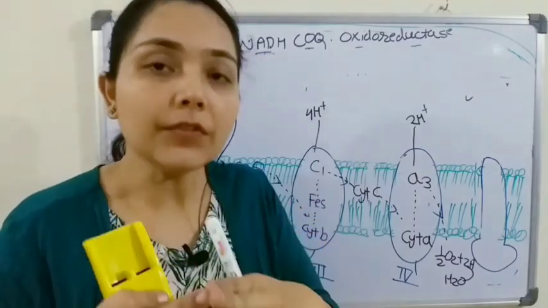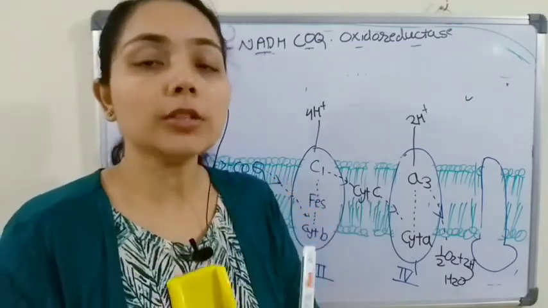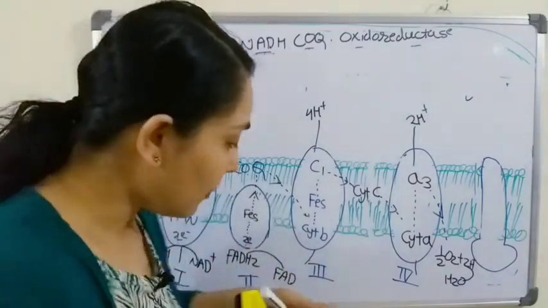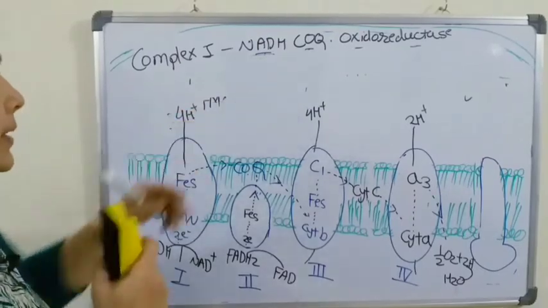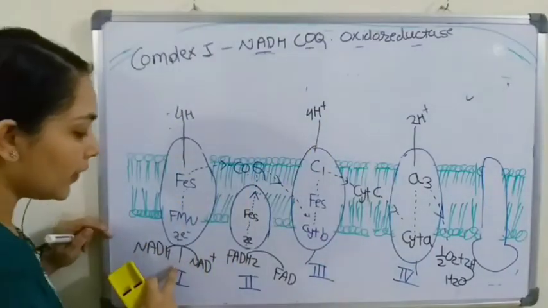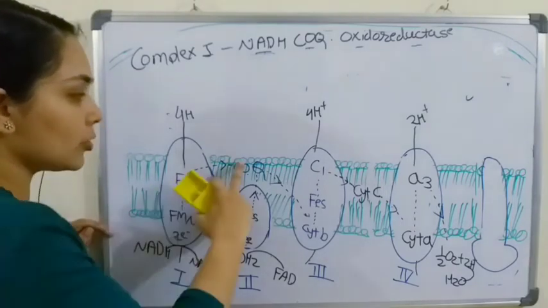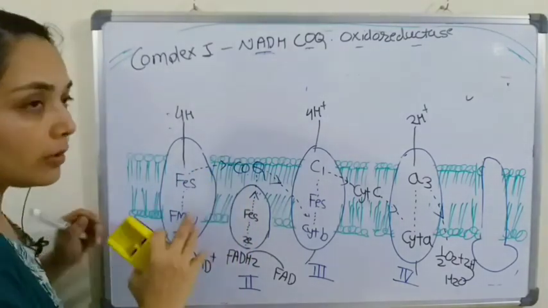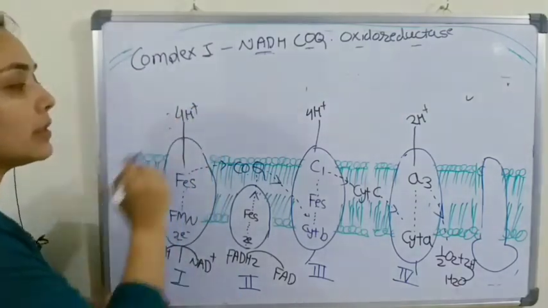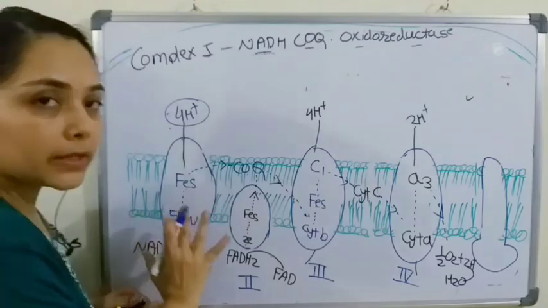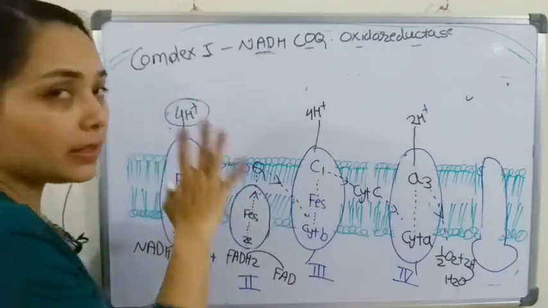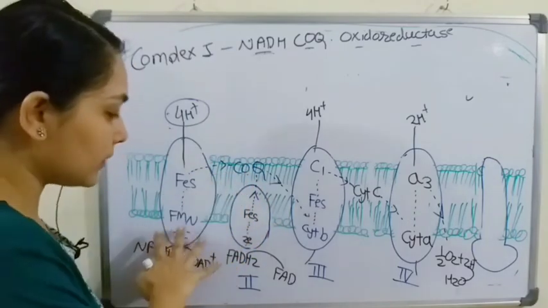And that free energy will be utilized to pump hydrogen ions, that is protons, from the matrix region to the intermembrane space. So when these electrons are moved from NADH to coenzyme Q, 4 protons will pass from matrix to intermembrane space. So here complex 1 is pumping 4 protons from matrix to intermembrane space. Clear up to complex 1?